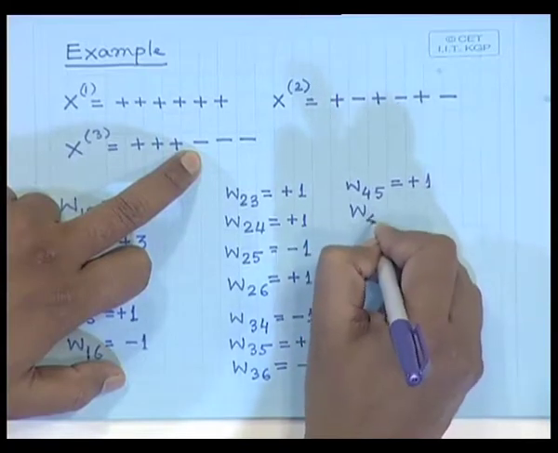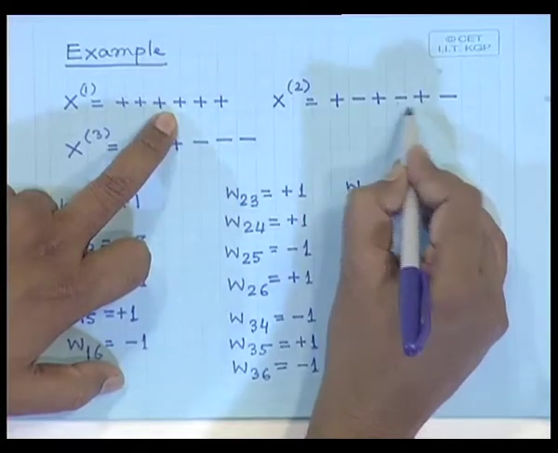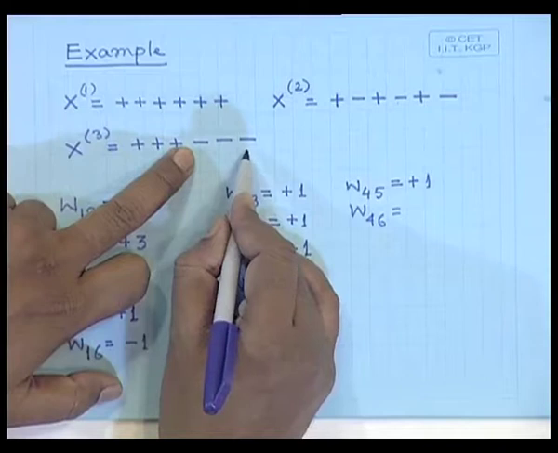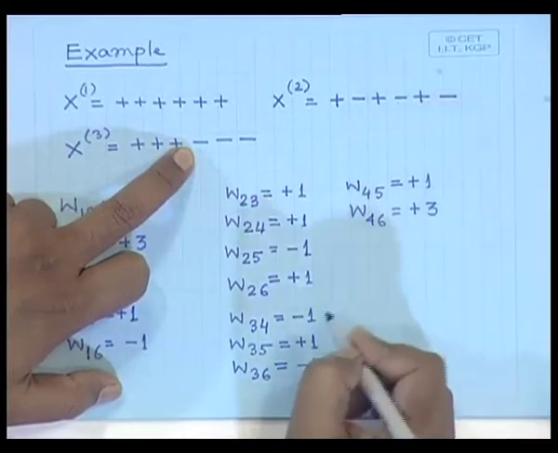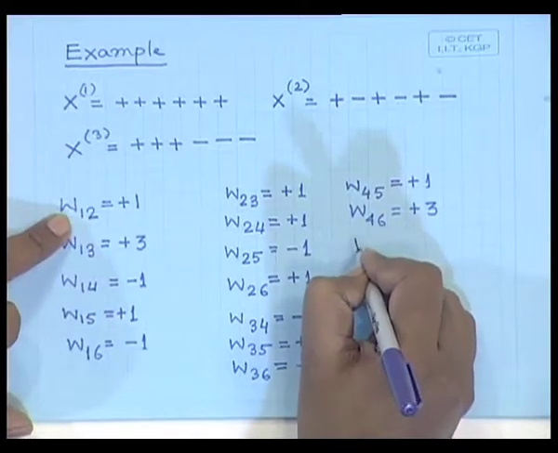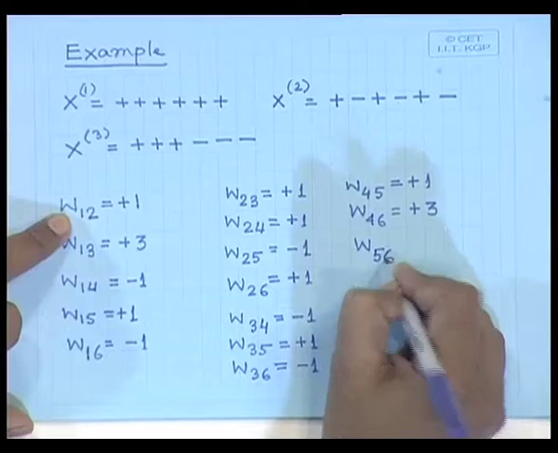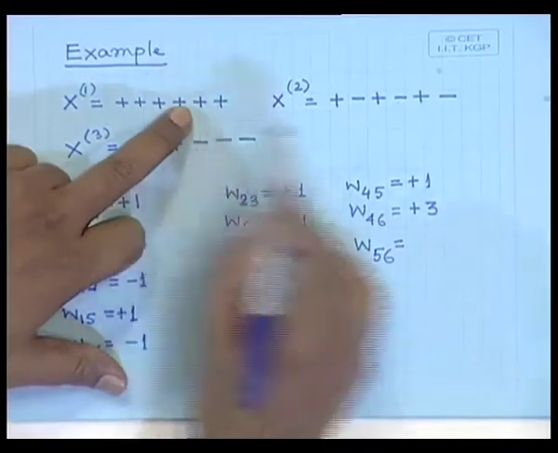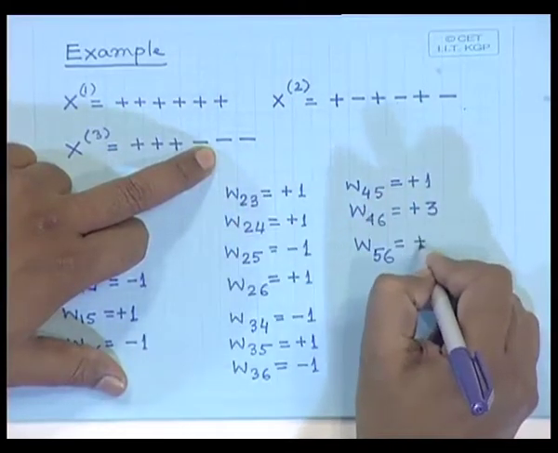W46, plus 1, minus 1, plus 1. So, this becomes plus 3. Then I have to compute W56 because others I need not compute. W56, plus 1, minus 1, plus 1. So, it effectively becomes plus 1.